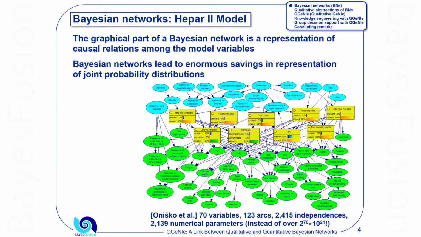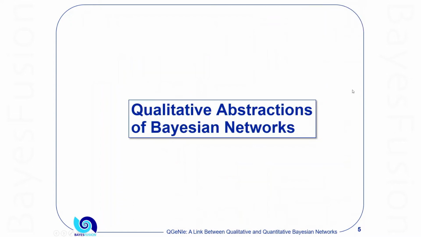They lead to enormous savings in the representation of the joint probability distribution. This model of 70 variables can be represented by the graph and around 2000 parameters because it represents around 2400 independencies. These are the missing arcs, which are very important in achieving savings.